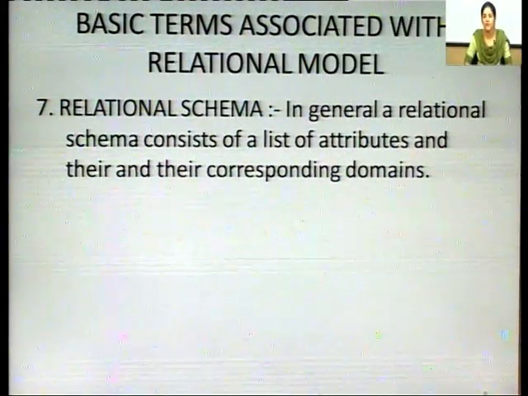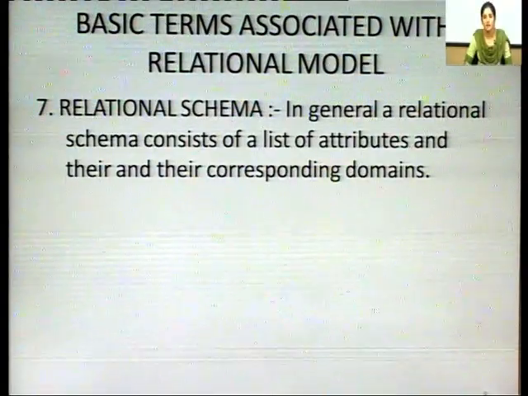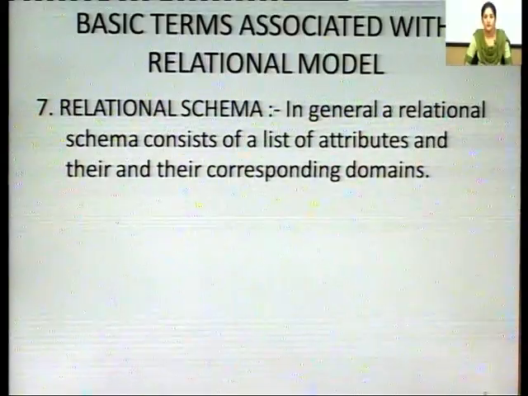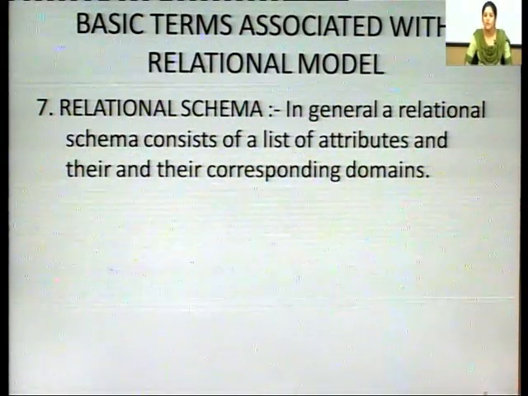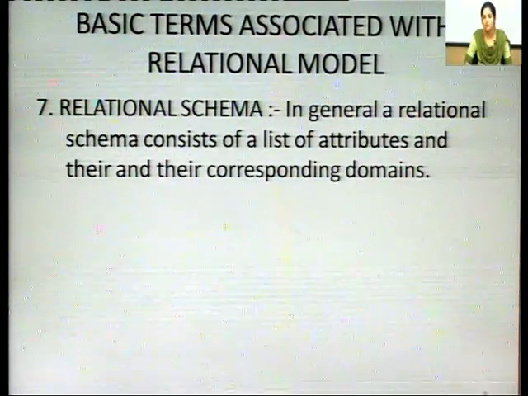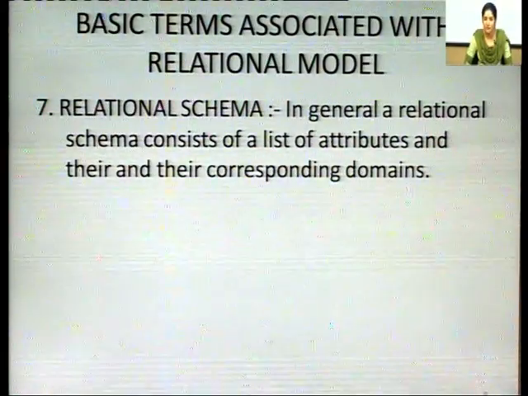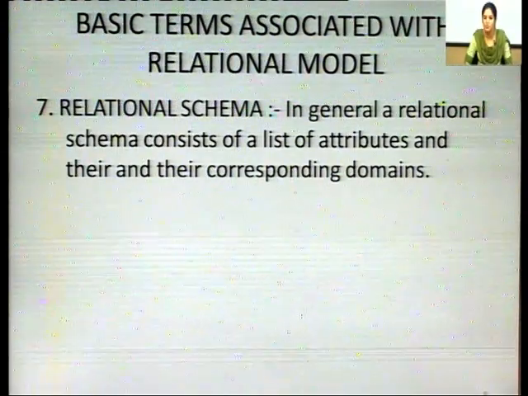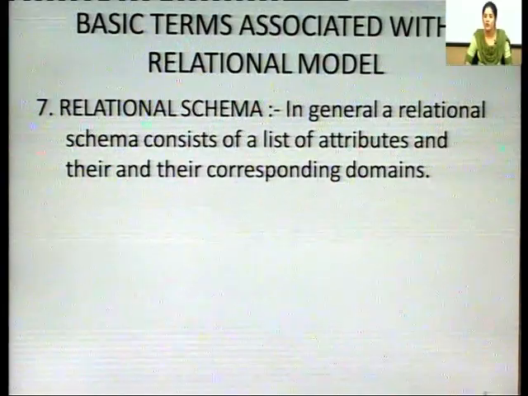Next term is relational schema. In general, a relational schema consists of a list of attributes and their corresponding domains. Schema is basically the overall design of the database, and by relational schema we mean a list of attributes of a particular relation and their corresponding domains.